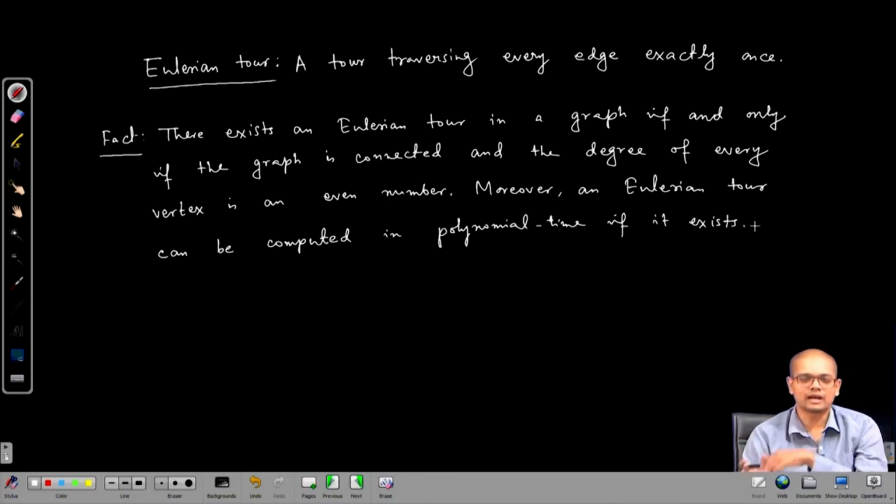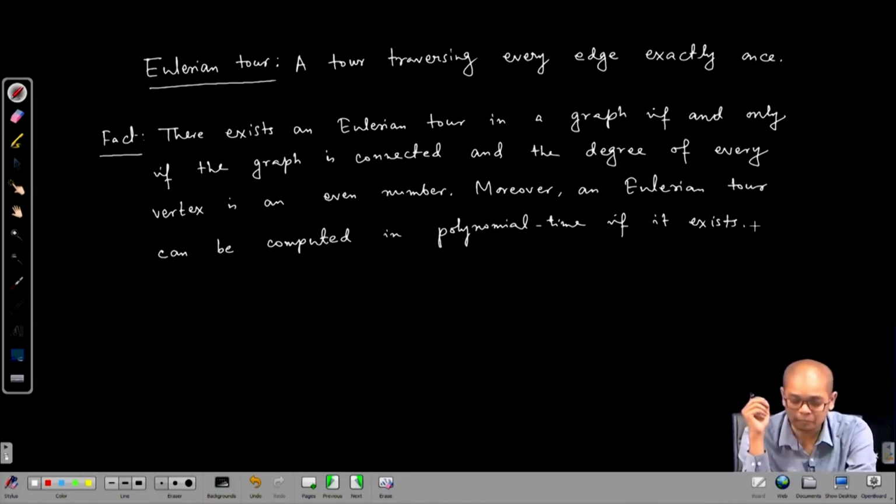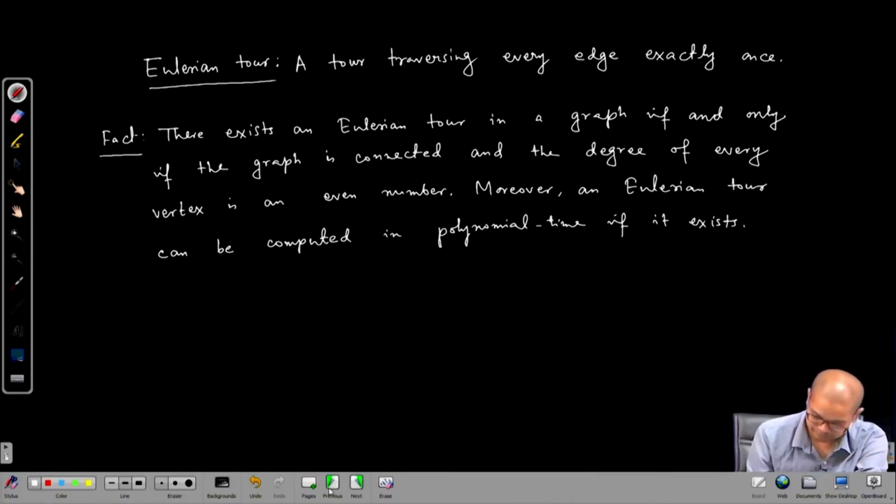That is, if the graph is connected and the degree of every vertex is an even number, then an Eulerian tour can be computed in polynomial time, and this is what we use next.